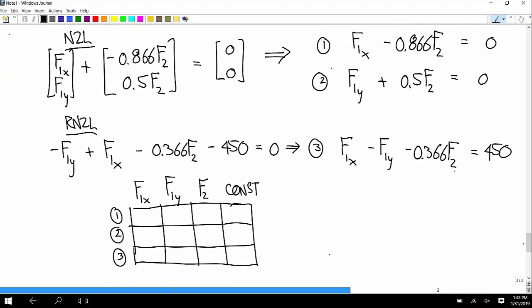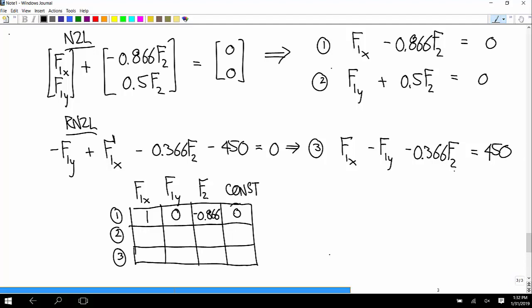Okay, so what values go in the elements of this matrix? From equation 1, what do I put in the F1x box? 1. What do I put in the F1y box? 0, yep. F2, yep, negative 0.866, and then no constant.